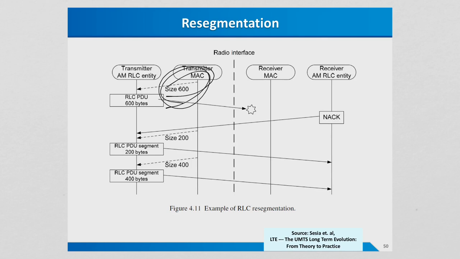So you might actually need to send it over two messages, maybe one of size 200 and one of size 400. So the RLC protocol will handle this idea of resegmenting, so taking this larger packet, and when you need to retransmit it, maybe retransmitting it as two smaller packets.